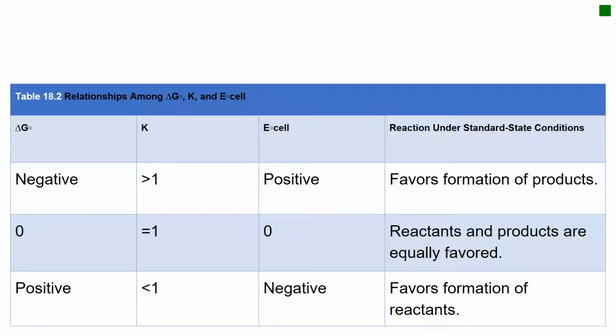It shows that when delta G is negative and K is less than 1, then the E cell is positive and will favor formation of products. Whereas if delta G was 0 and K was equal to 1, then E cell would also be 0, and the reactants and the products are equally favored. But if delta G was positive and K was greater than 1, then the E cell is negative and would favor the formation of the reactants.